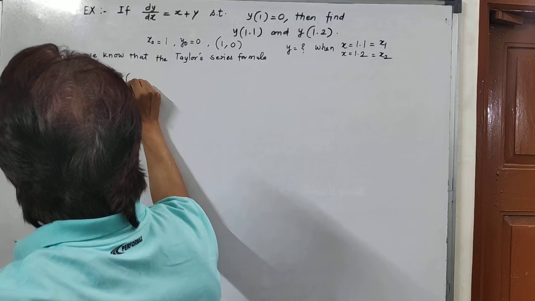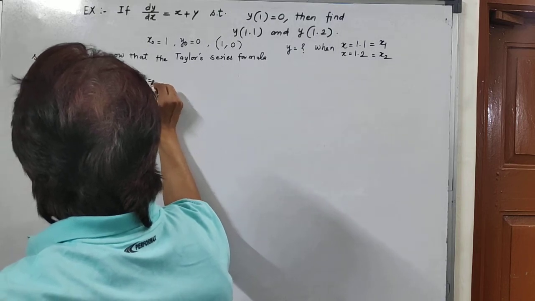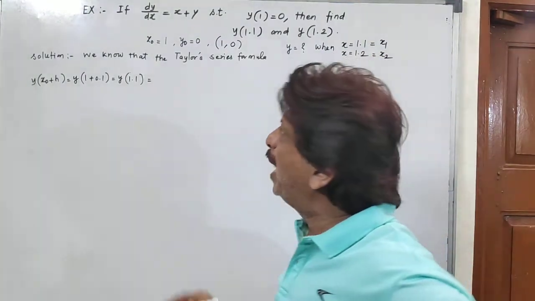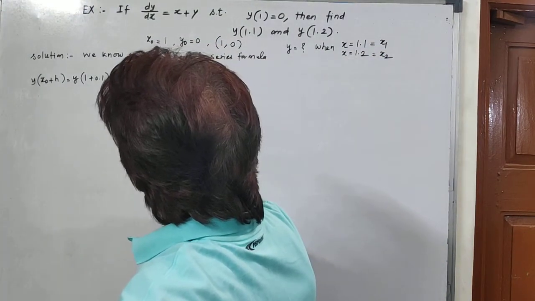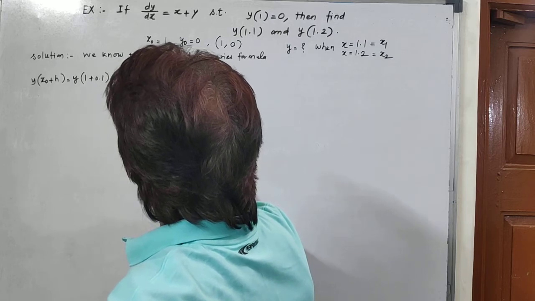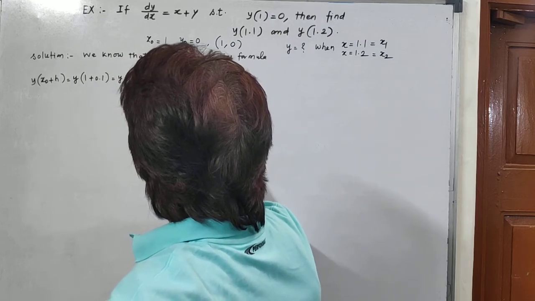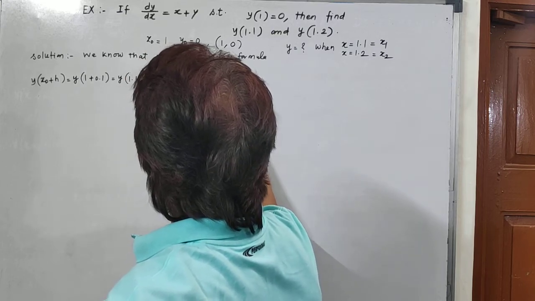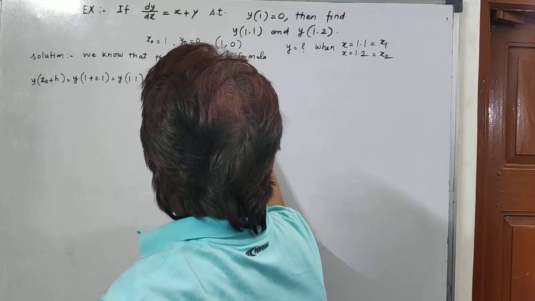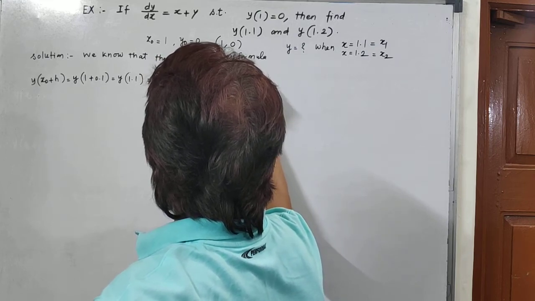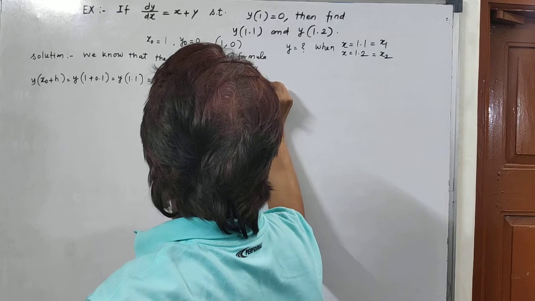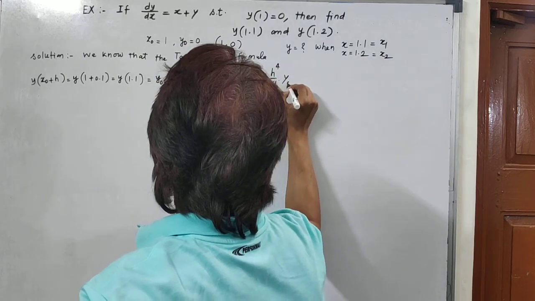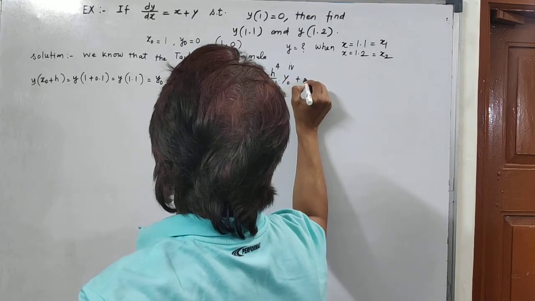So y of 1.1, here h is equal to 0.1. The formula we know: y0 plus h into y0 dash plus h square by 2 factorial y0 double dash plus h cube by 3 factorial y0 3 dash plus h raised to power 4 by 4 factorial y0 fourth derivative plus and so on.